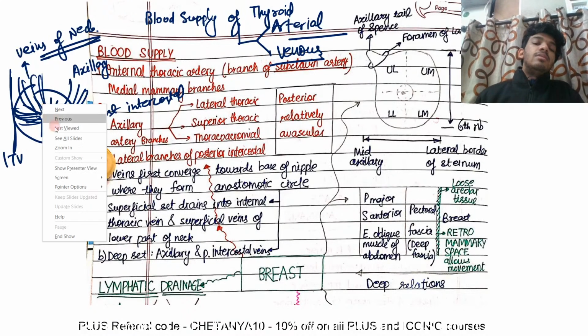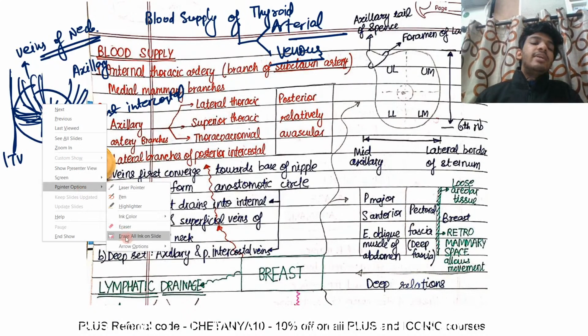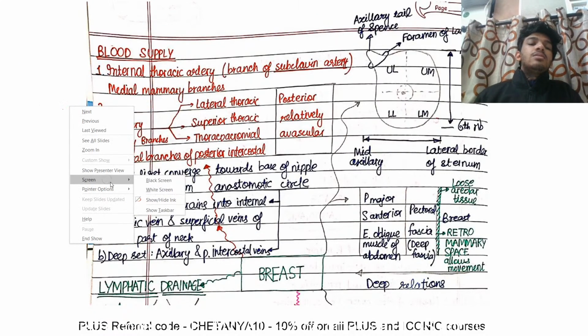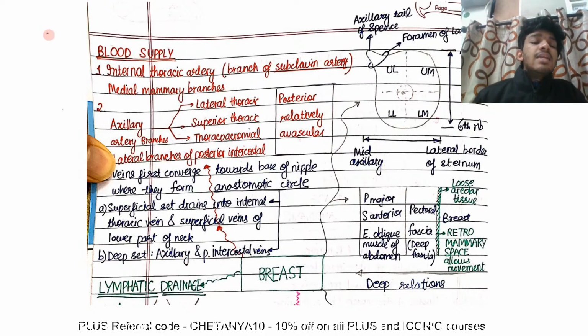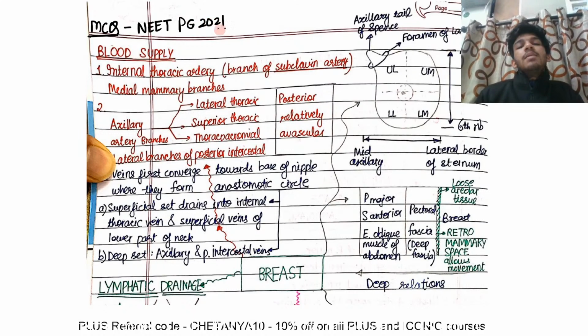Never forget to write venous drainage whenever blood supply is asked. Blood supply of breast is an important question. It can be asked as an MCQ for NEET PG, and it can also be a long question for your first MBBS prof examinations.